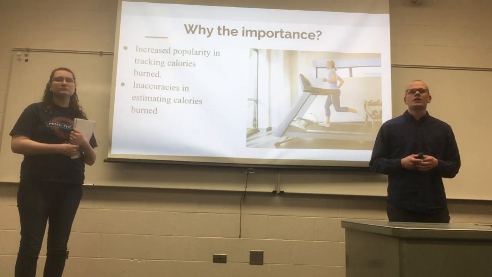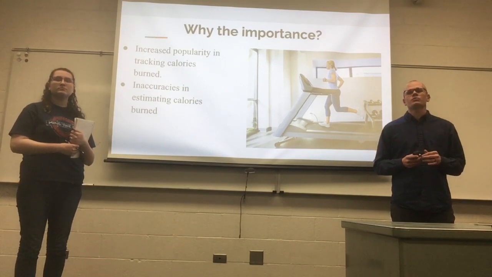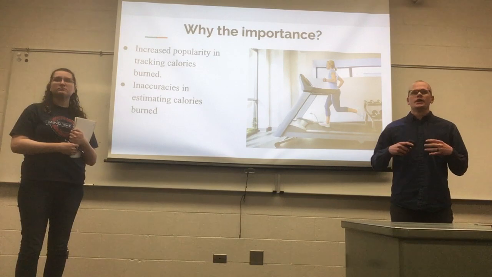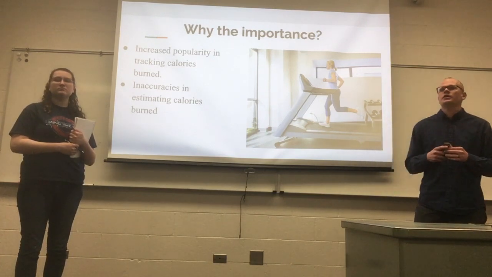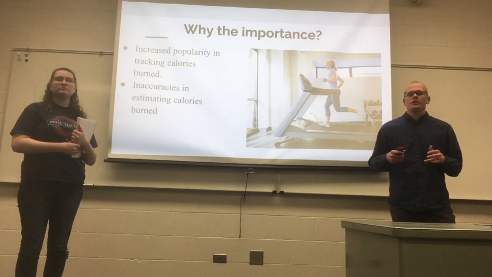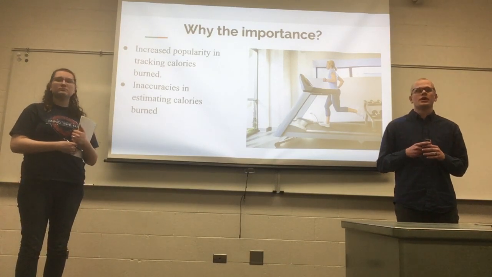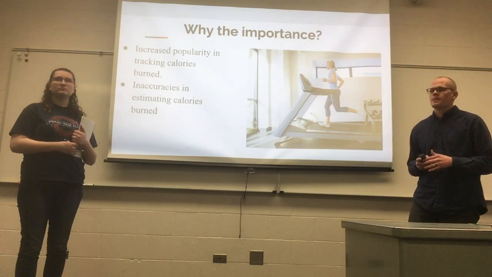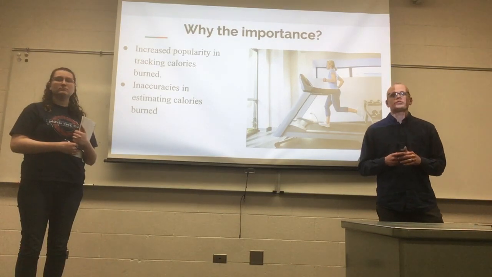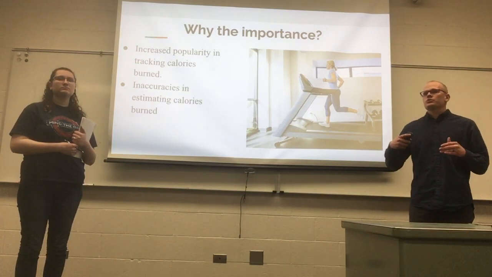What does that mean? Metabolic cost is the amount of energy required to perform an action. And in the case of our metabolic cost equation, that action was walking on a treadmill at varying speeds and gradients. Now, metabolic cost can be measured in different terms. It can be measured in kilojoules per minute.